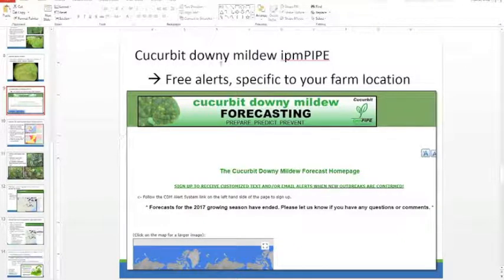The Cucurbit downy mildew IPM pipe is a monitoring resource. It's a network of plant pathologists all up and down the East Coast of the United States. As plant pathologists, we're monitoring for downy mildew to occur, and basically in real time, we put confirmed reports of downy mildew into this forecasting website.